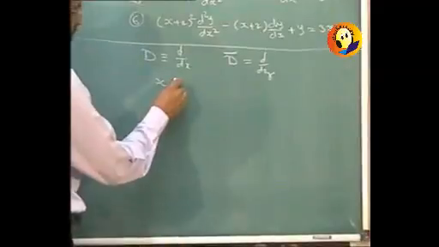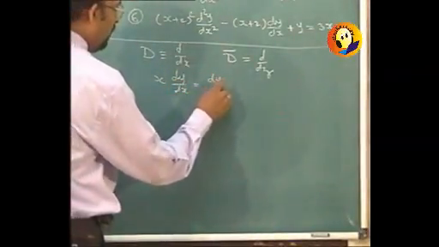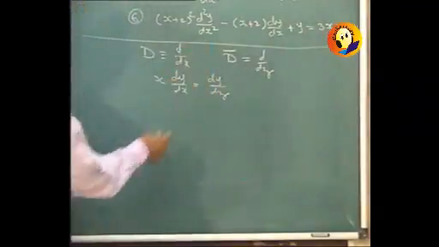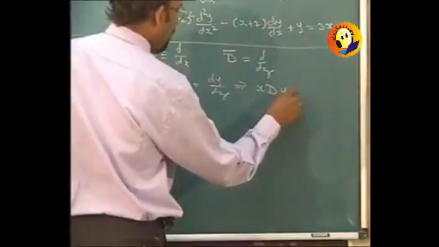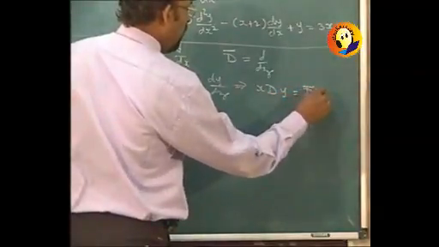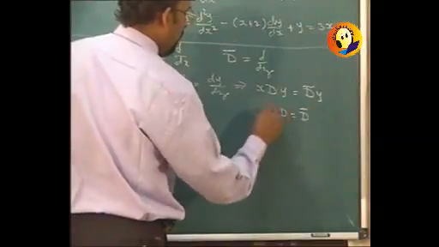Hence x dy by dx, which is coming out to be dy by dz, can be written in operator form as x capital D y equal to D bar y, or in short we can say xD is equal to D bar.